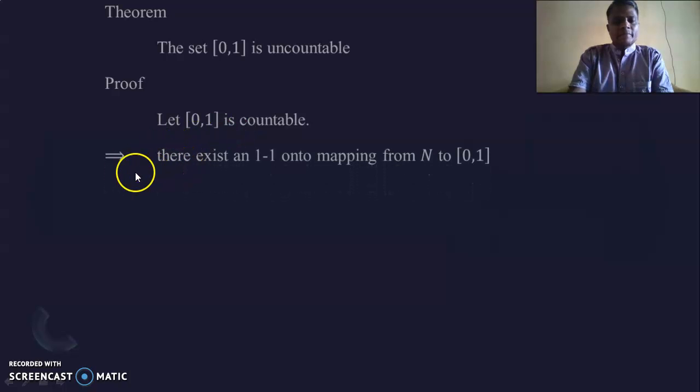This implies there exists a one-to-one onto mapping from N to the closed interval [0, 1].